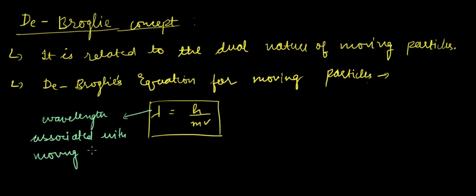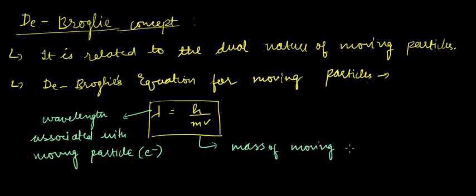So in this case it would be an electron. m is nothing but the mass of the moving particle, or electron you can say, and v is the velocity of the moving particle. h is obviously Planck's constant.